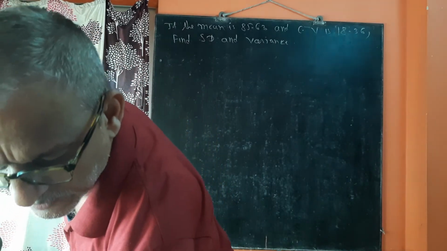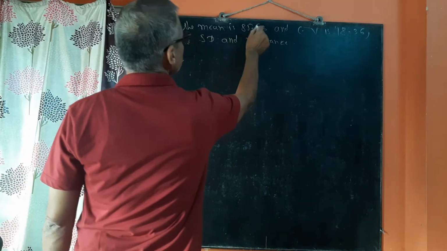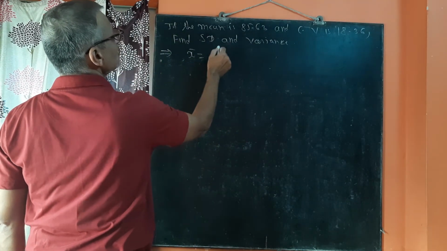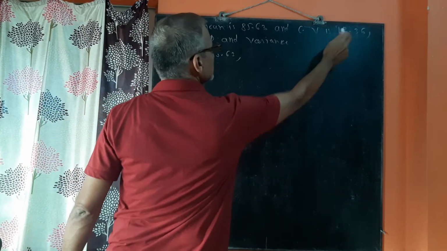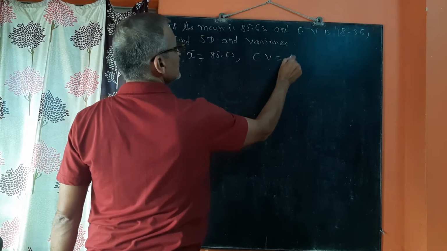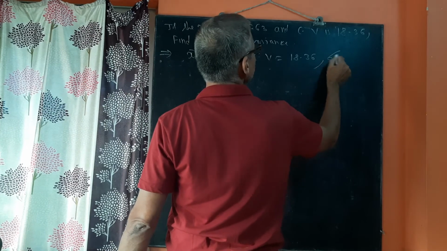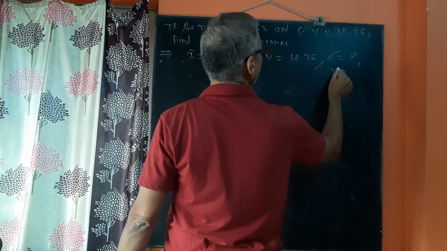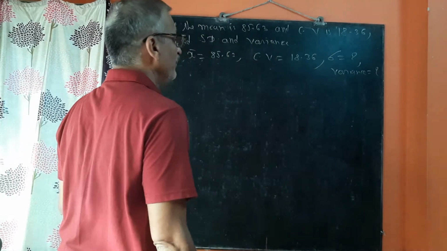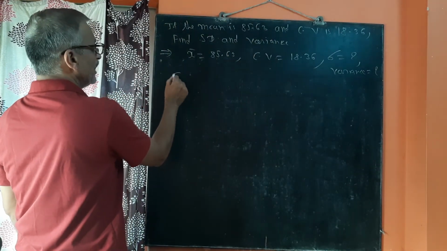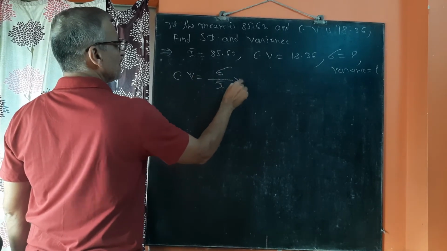So here, what is given? Mean is given. That means x bar is equal to 85.63. Coefficient of variance is also given. C dot V is equal to 18.36. We have to get the value of sigma and variance. Now, we have the formula CV equals sigma upon x bar into 100.